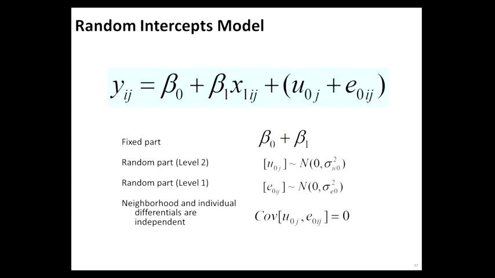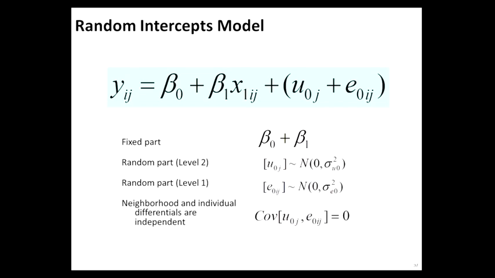For the U0j, we make the assumption of independence and identical distribution, the IID assumption, the normality assumption, and we can summarize that distribution in the parameter sigma square U0, which estimates the between place variation after accounting for individual SES. And then similarly at level 1, we have the level 1 residual, the E0ij, which again we assume an IID distribution and summarize the variance in sigma square E0. That gives us the between individual within place variation.